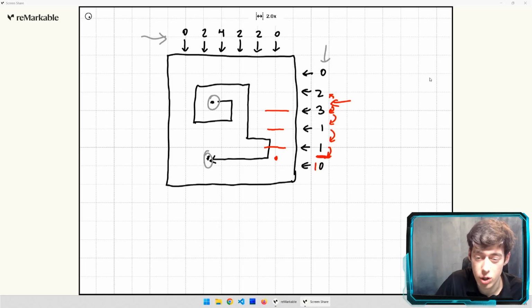So this is where we stop. And then we do the same thing for columns. In this case, both sides are even, so we don't do any movement. We don't move, and that's correct. We ended up in the same column that we started in.